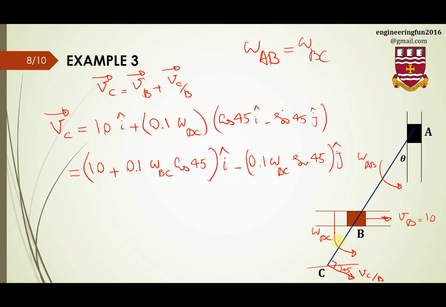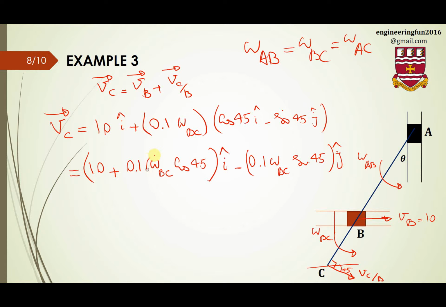So omega AB equals omega BC, which even equals omega AC. Maybe someone wants to find the velocity of point C with respect to A. Then they should write VC equals VA plus VC with respect to A. So the angular velocity is the same for the whole beam.